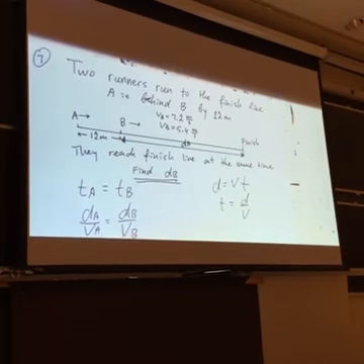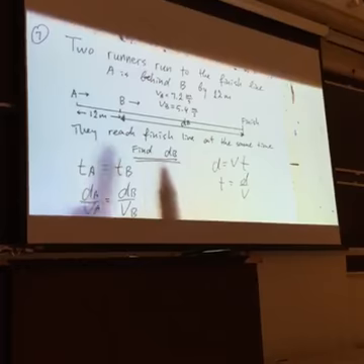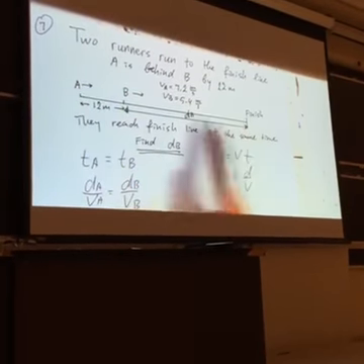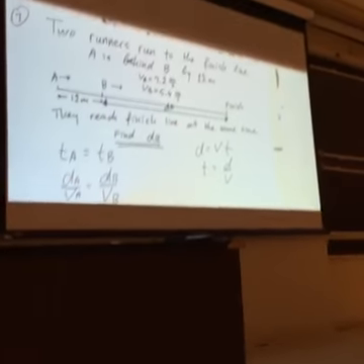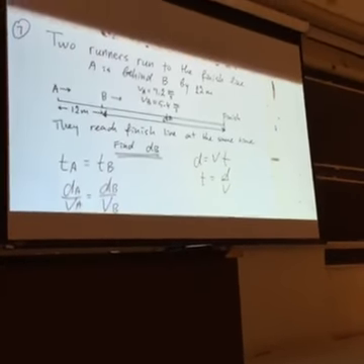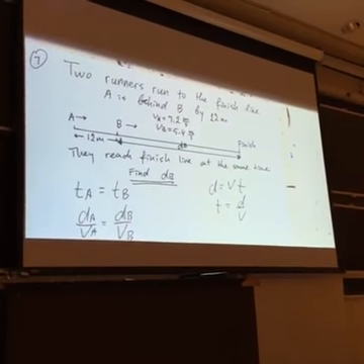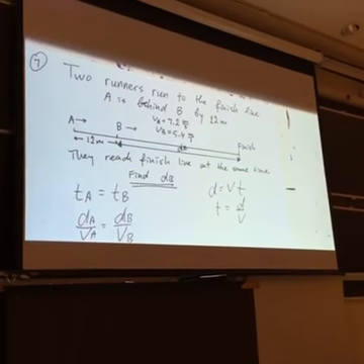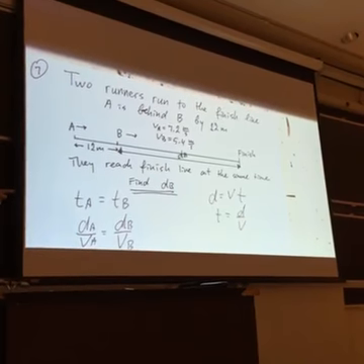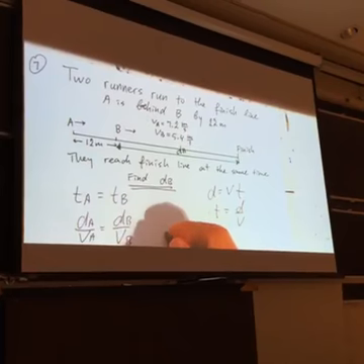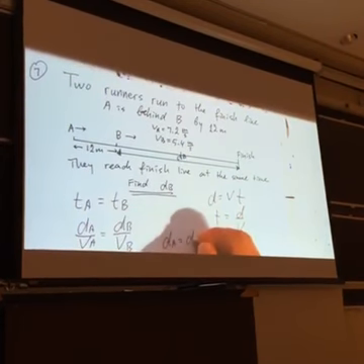And there's one more thing. What we know, distance of A from the finish is distance of B plus 12 meters. So A is farther away. A is behind B, so distance of A from the finish line is 12 meters more. So you can write dA is dB plus 12 meters.